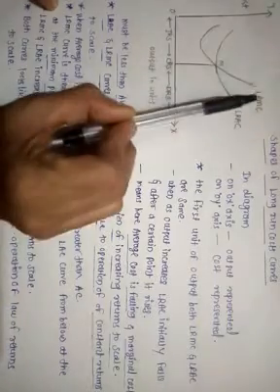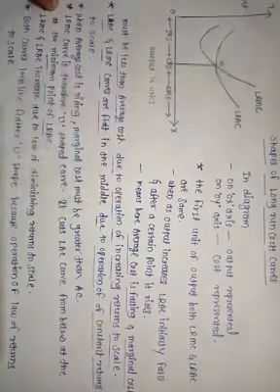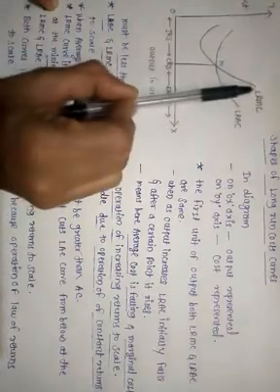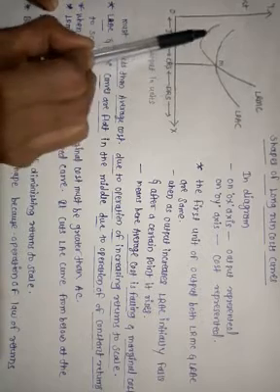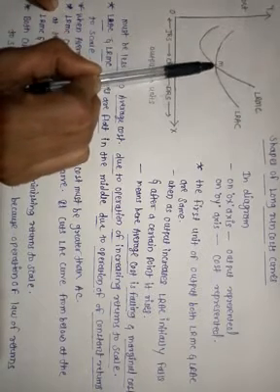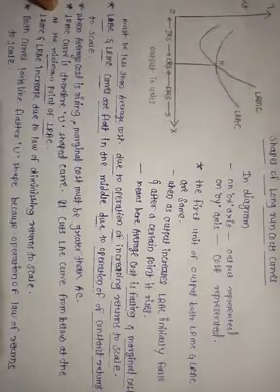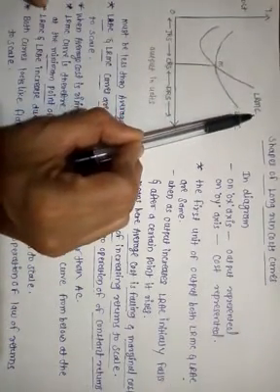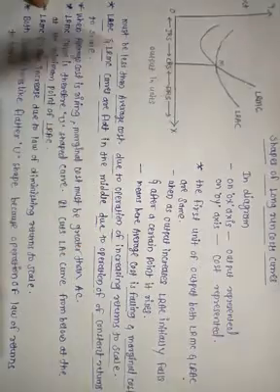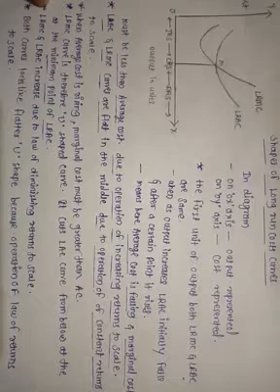See here, the marginal cost curve is U-shaped, and this curve cuts the average cost curve from below at the minimum point of the long run average cost curve. So the long run marginal cost and the long run average cost increase due to the law of diminishing returns to scale.